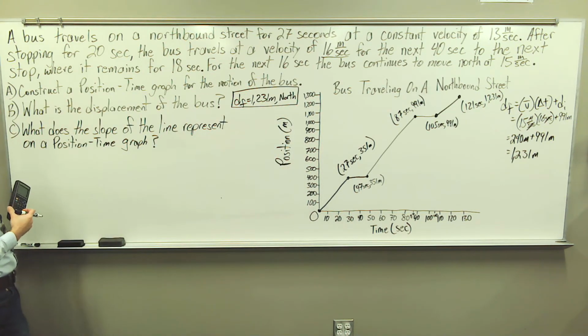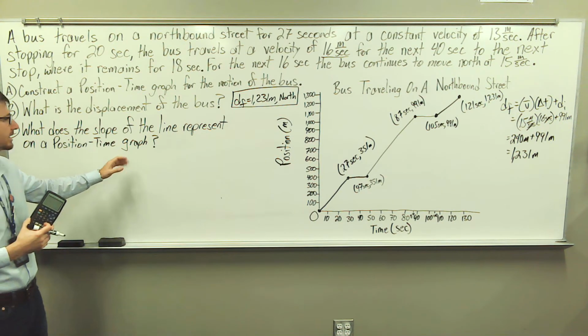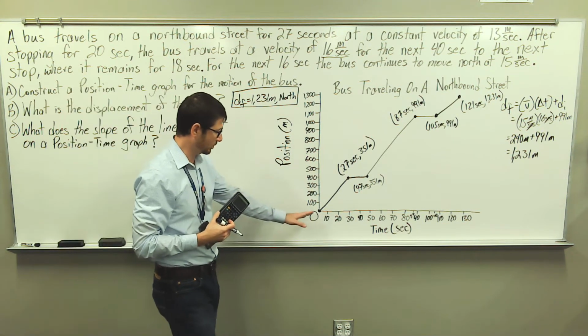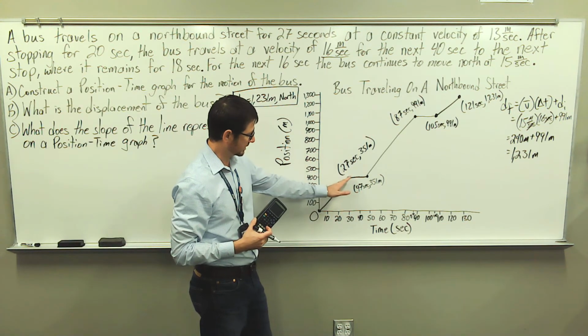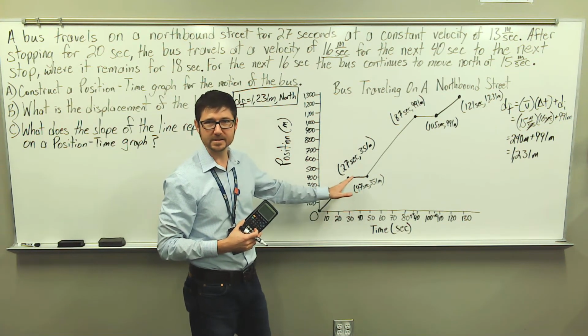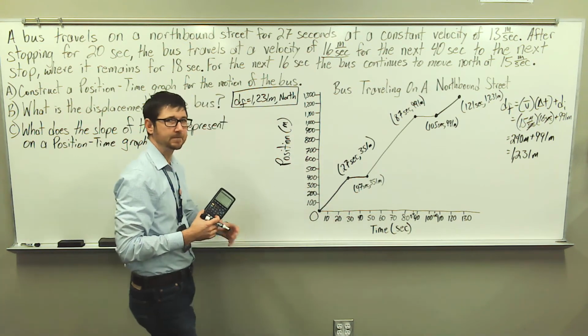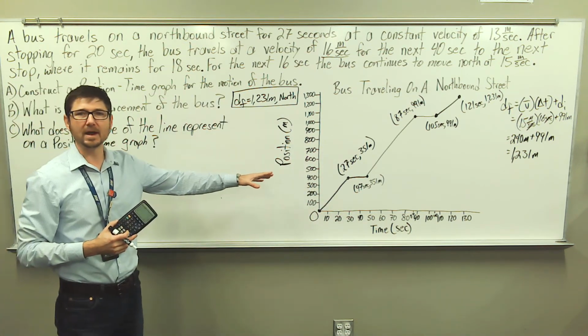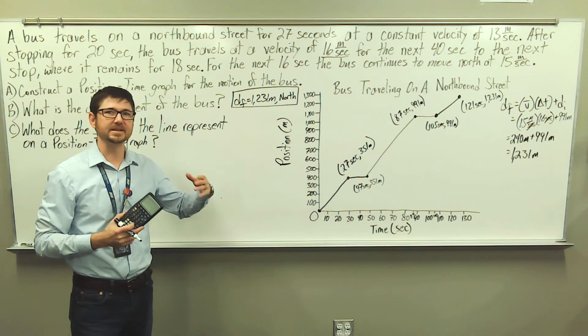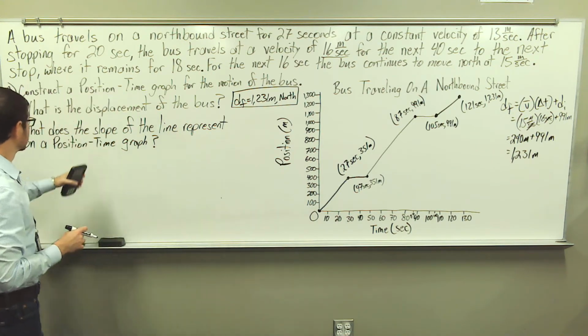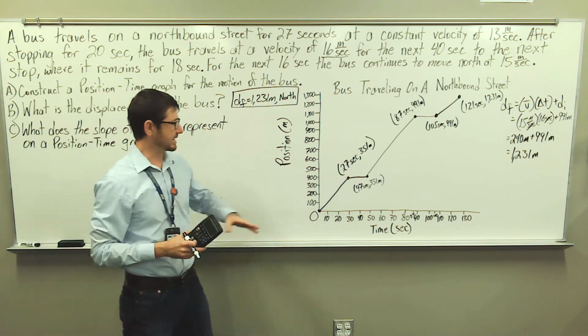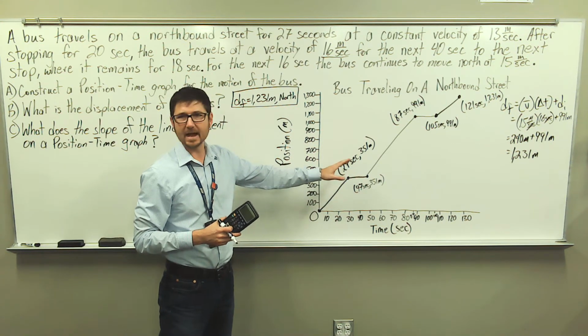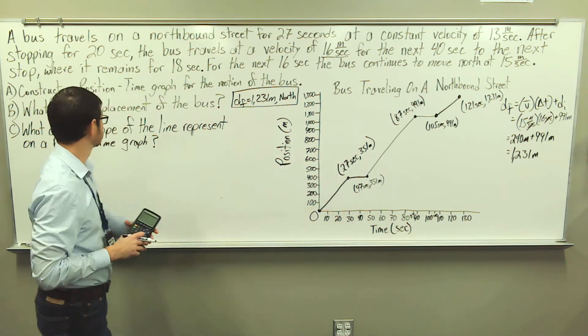Now part C, it asks us, what does the slope of the line represent on a position time graph? So the slope of the line is this guy here. We're describing the rise over the run, okay? So on a position time graph, the slope of the line represents the object's velocity. And so I'm going to go ahead and write that down, but then I want to prove that by calculating the slope of the line here.